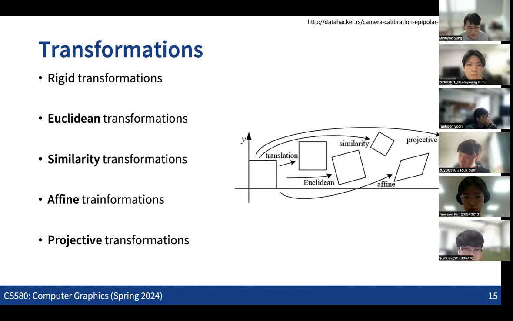Let's think about the differences, and please type your answer in our Slack channel. You can find the lecture 2 channel in the Slack workspace. Please type your answer about how we distinguish those transformations.